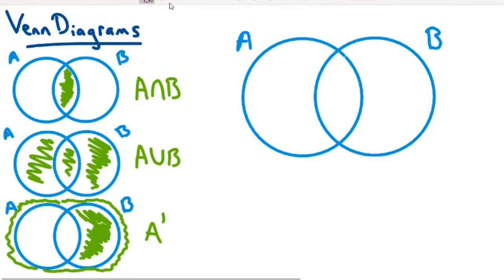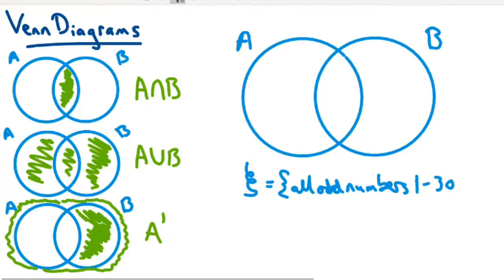Then B is going to contain 5, 15, and 25. So again, just to repeat, our universe is all odd numbers from 1 to 30, or 0 to 30.